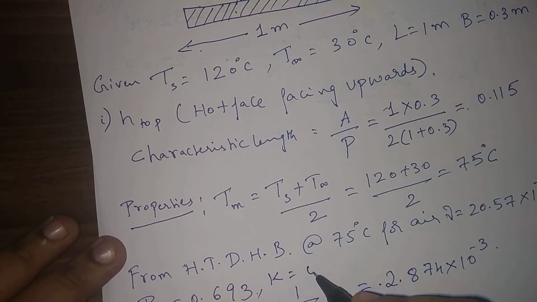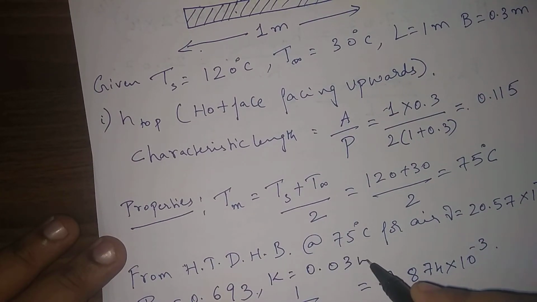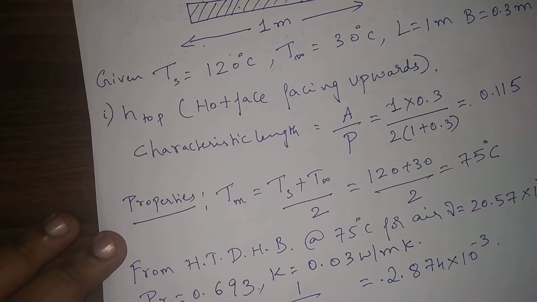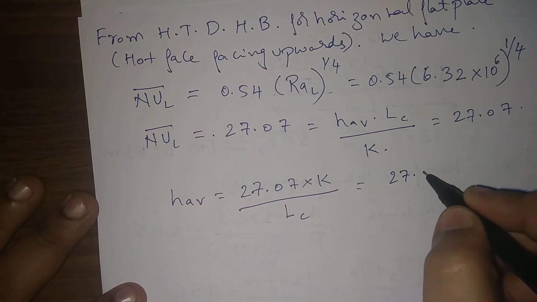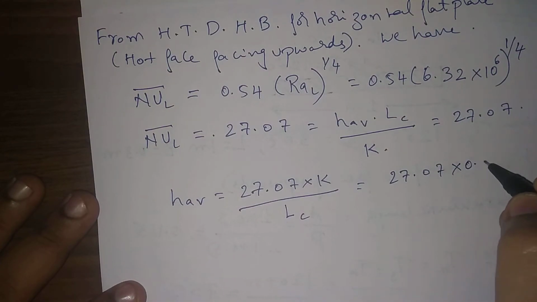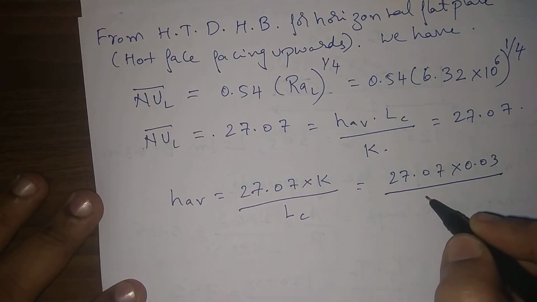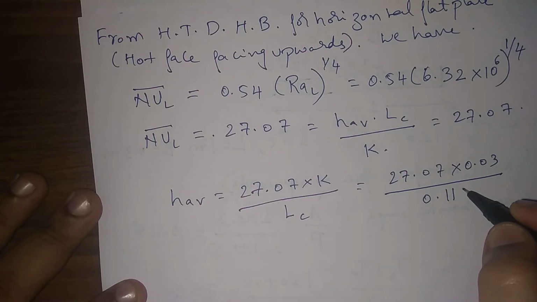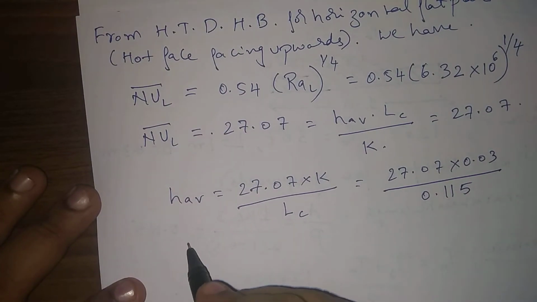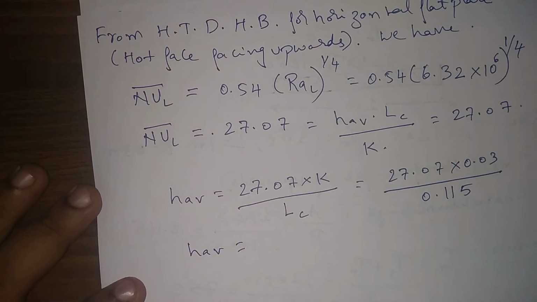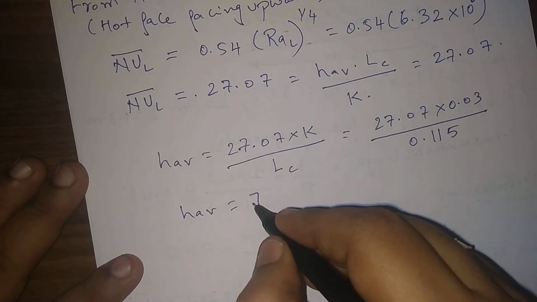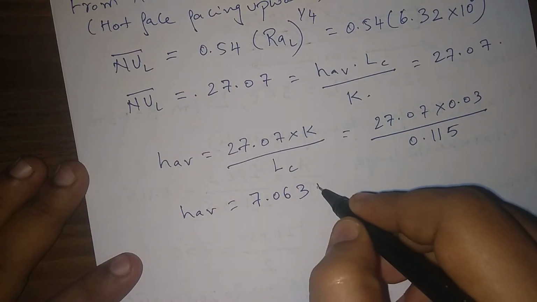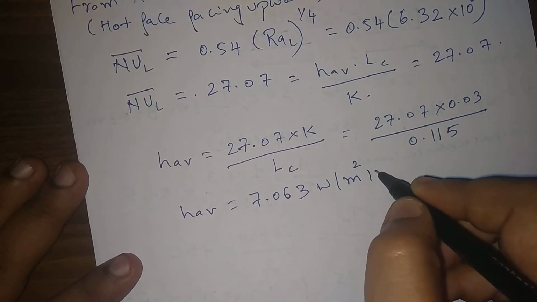K is equal to 0.03 watt per meter Kelvin. So it is 27.07 into 0.03 divided by 0.115. If you try to calculate it, h average is coming out to be around 7.063 watt per meter square Kelvin.